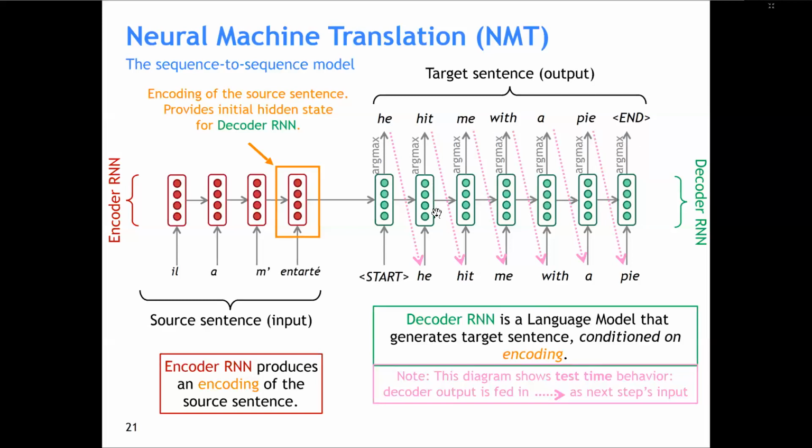We introduced this in language modeling, where RNNs were specifically proposed to do language modeling. The only difference is that the hidden states are conditioned on the representation from the source sentence. So this is also called conditioned language modeling, conditioned on the encodings.